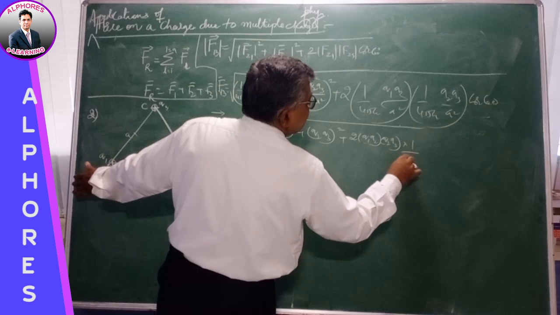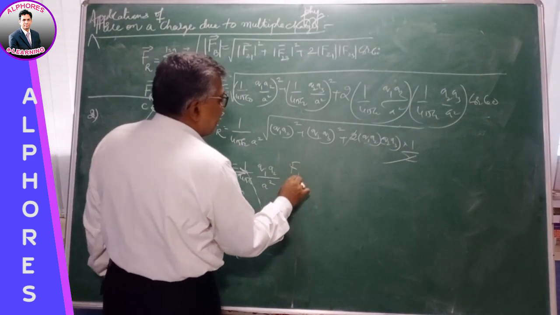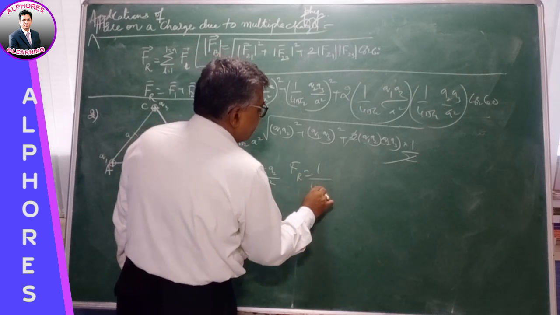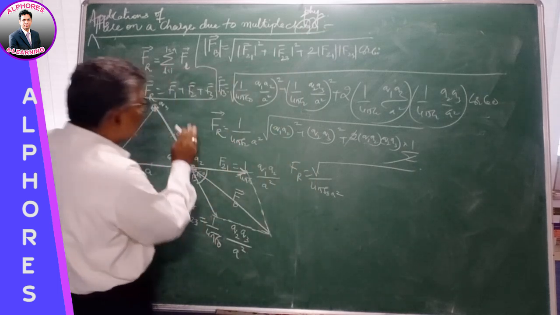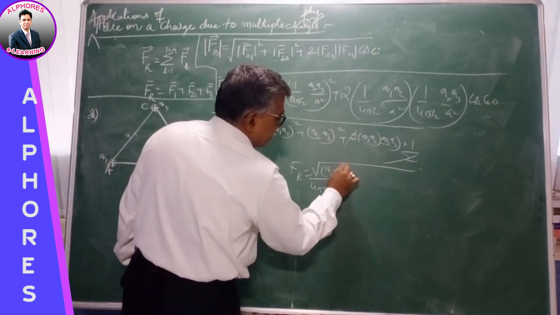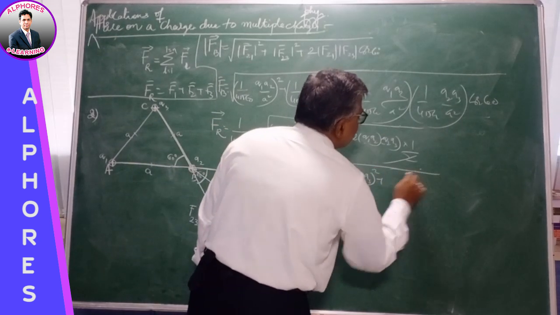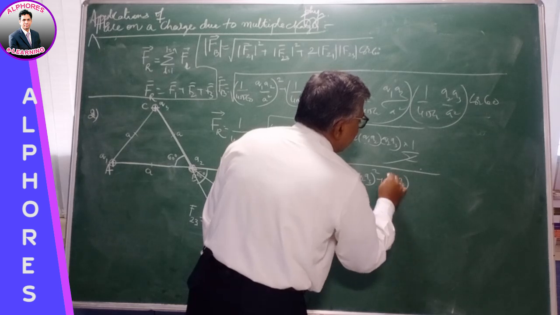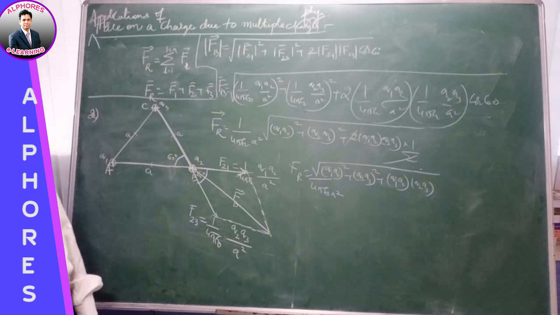We know cos 60 is 1 by 2. So the resultant force is given as 1 by 4 pi epsilon naught a square, under root, when the charges are of different magnitude, of (q1 q2) whole square plus (q2 q3) whole square plus (q1 q2) times (q2 q3). This is the resultant force.